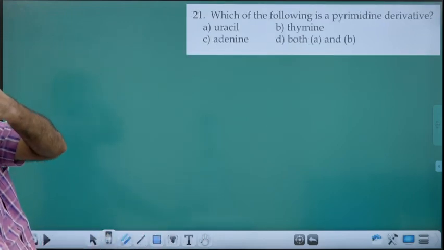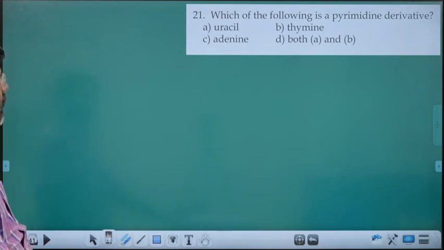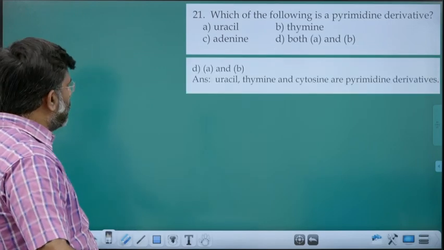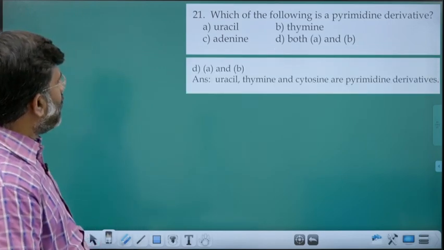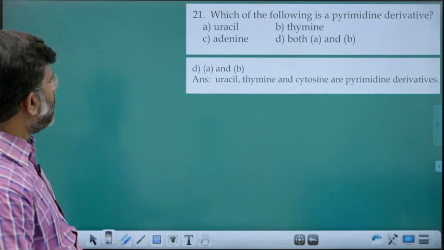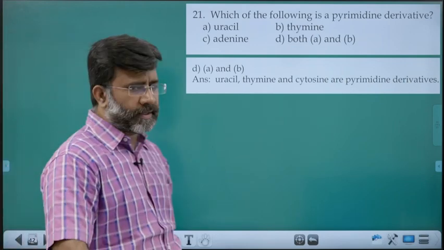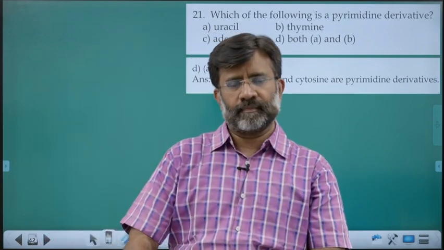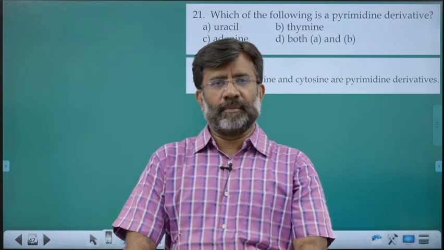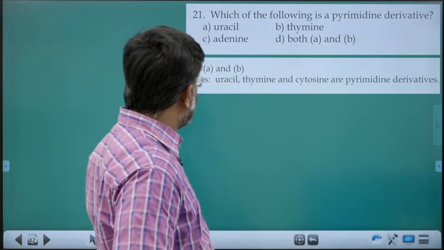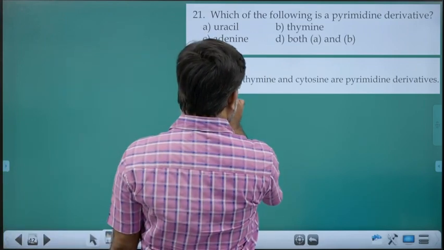Which of the following is a pyrimidine derivative? A and B. Uracil, thymine, isn't it? Purine and pyrimidine bases; the pyrimidine bases are uracil, thymine, cytosine.